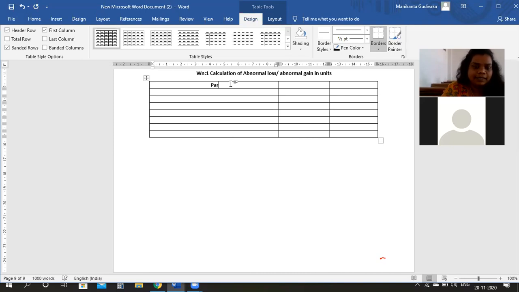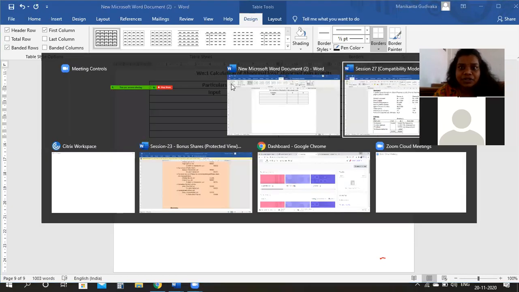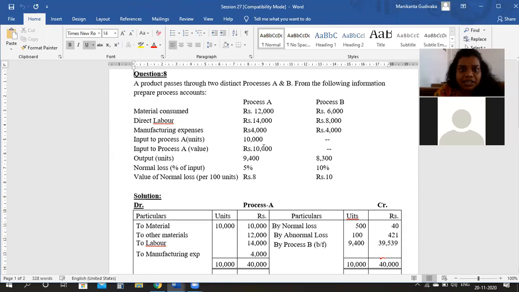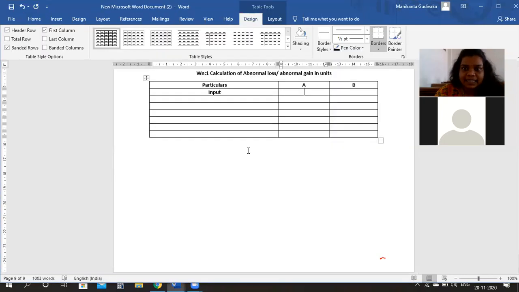So particulars, we have for process A and process B. Yes, we have to start our working note number 1 with input. Yes or no? For A, we are introducing how many units? Please see the question. We are introducing 10,000 units into the process. So please take 10,000 here.